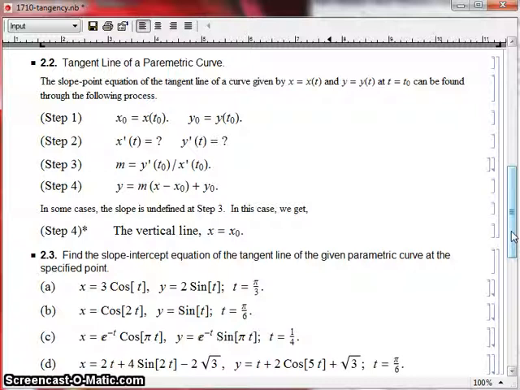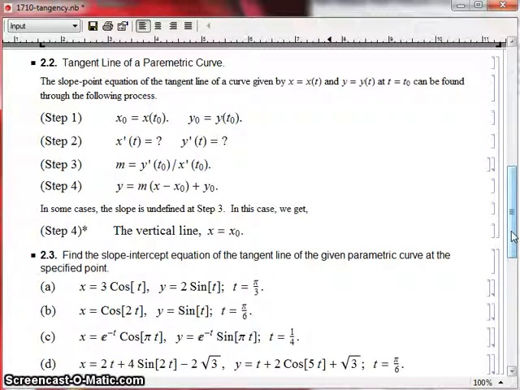Now let's go over to example problems, the kind of problems that deal with tangency of parametric curves. The typical problems are like this. A parametric curve is given by x equals x of t, y equals y of t, and time t is fixed at t naught.